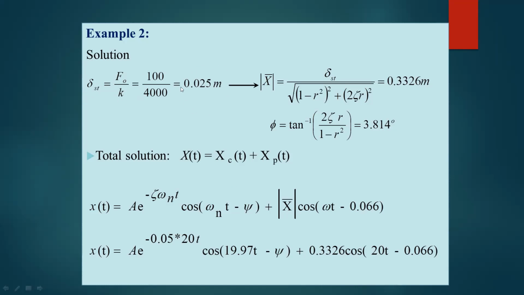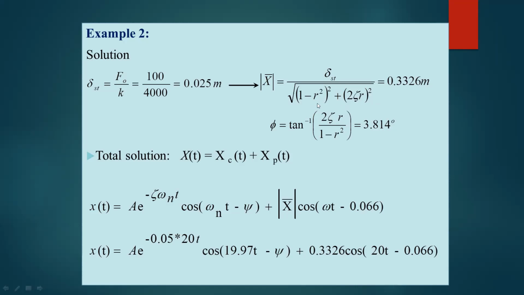So you can put the static deflection here. Now X bar, not the general solution but the particular solution, X is equal to F naught over K, or delta ST, over the radical of (1 minus R squared) the whole squared plus (2 zeta R) the whole squared.